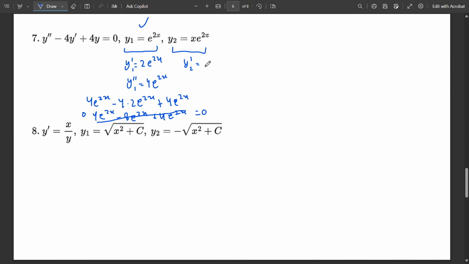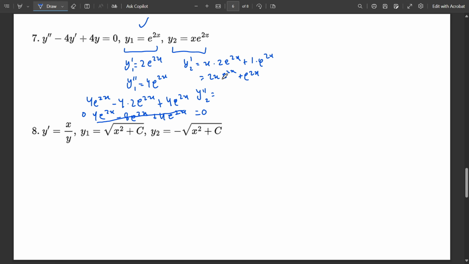So we leave the first term x and then take the derivative of the second, which is 2e to the 2x, plus the derivative of the first, which is 1, times itself, which is not differentiated, which is e to the 2x. And this becomes 2x e to the 2x plus e to the 2x. Okay, we need to have the second derivative, y double prime.